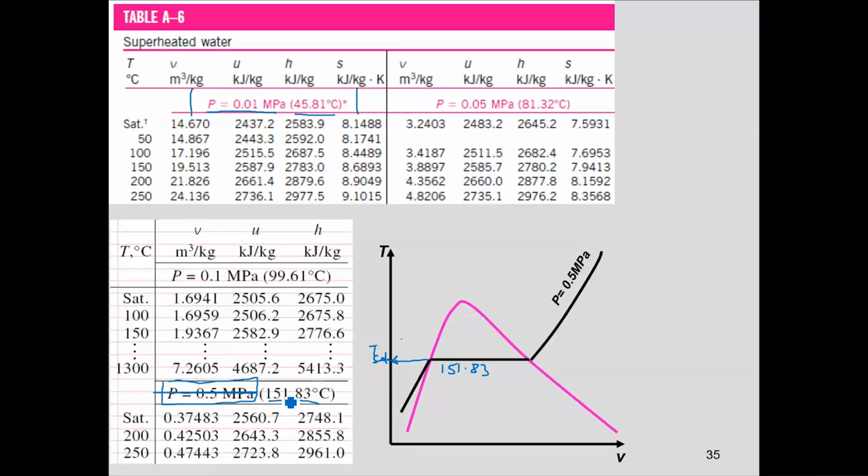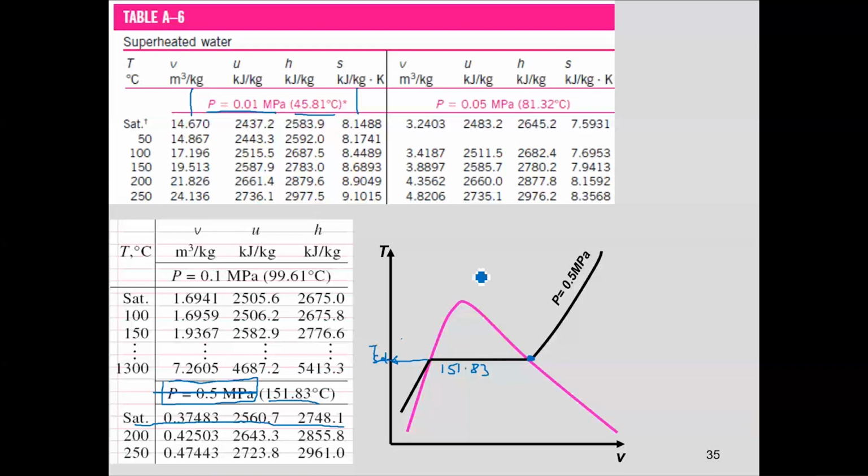In every column, the first row would be the properties belonging to the saturation temperature, corresponding to this point, which is saturated vapor. Clear enough?